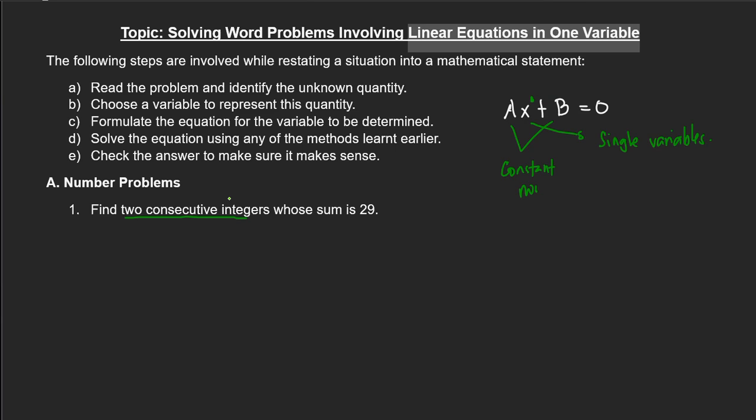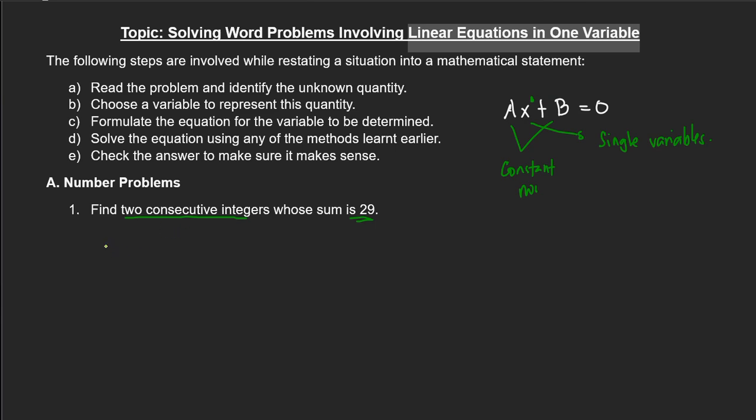And once you add these two numbers, the result or the sum will be equal to 29. Now, in this case, let's try to apply the five steps. First, we're done reading the problem and we identify the unknown quantity. So unknown quantity here are the two consecutive integers.